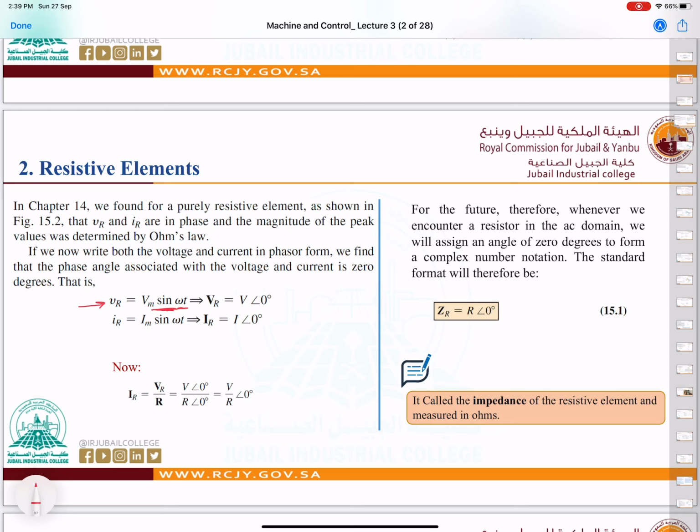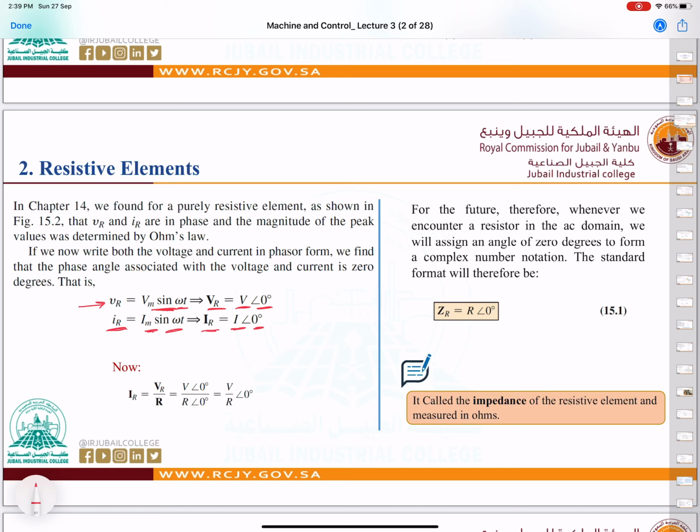So VR here has a maximum value and an angle, okay? Same as for the current of the resistor, which is I maximum sine omega t. We know that the current also has a maximum and an angle of 0.